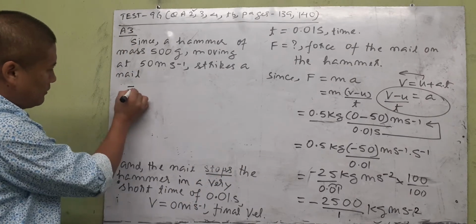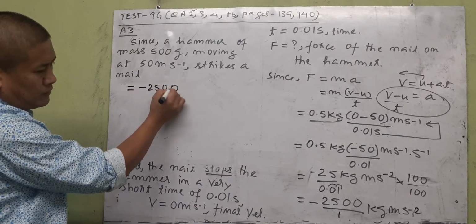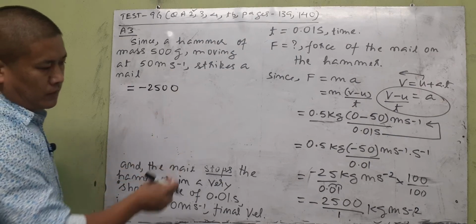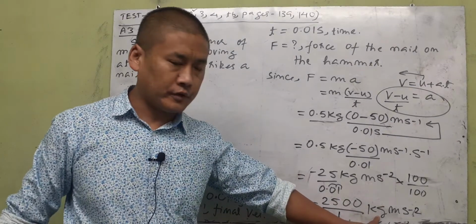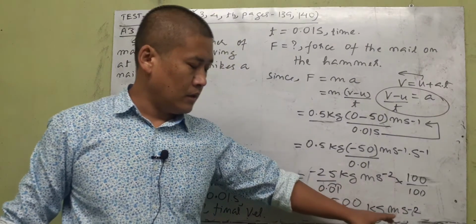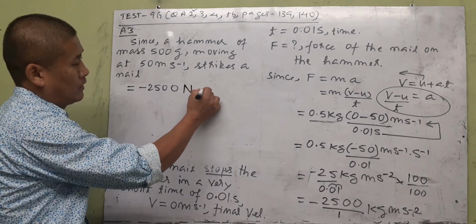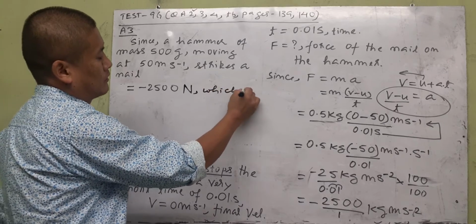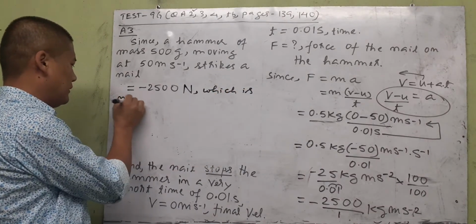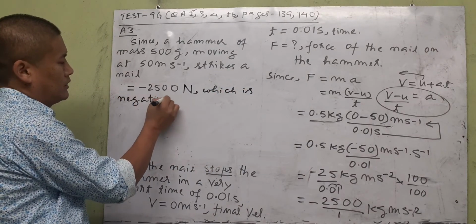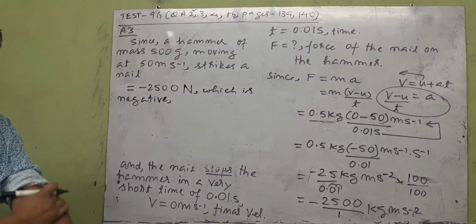So here there will be minus 2500 by 1 means that one unit, and this unit of force kg meter per second square. This is the best unit. We know we can write in short as Newton. So we write here, which is negative. So this is the answer.